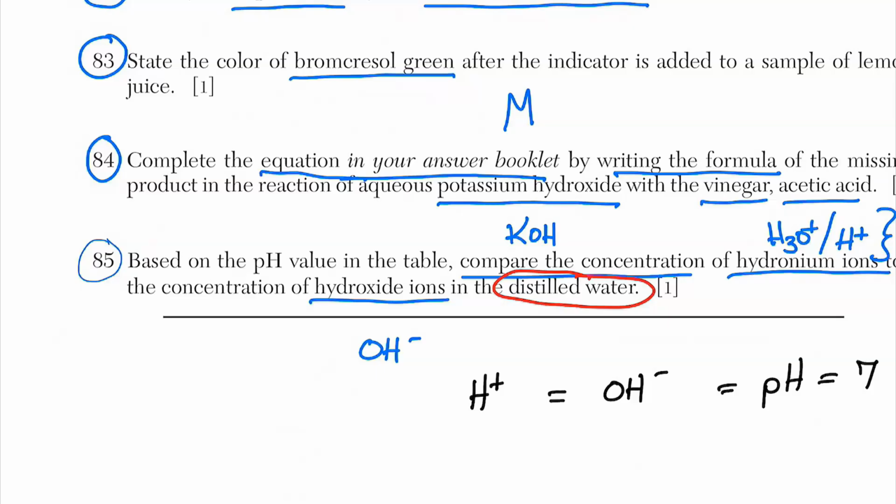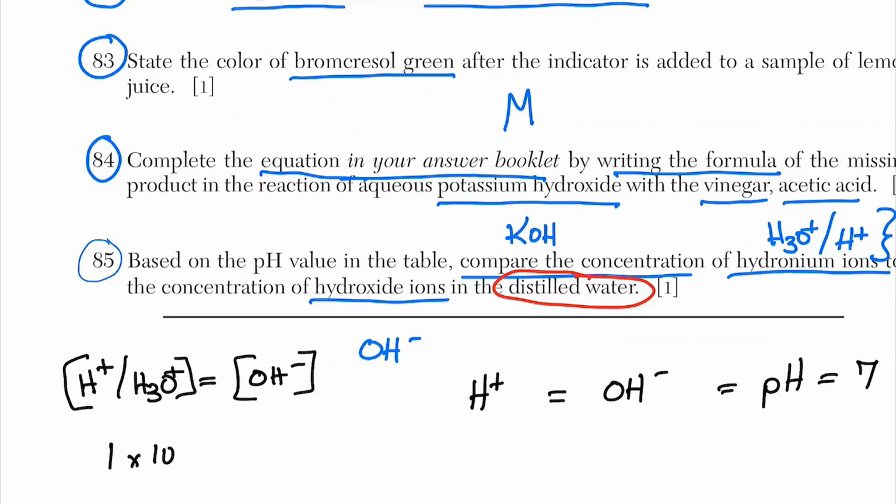Okay, because in pure water, the amount of H pluses or H3O pluses equals the hydroxide. Someone figured out the total amount of these. They figured in pure water there's 1 times 10 to the negative 7 of these, and in pure water there's the exact same 1 times 10 to the negative 7 of those.